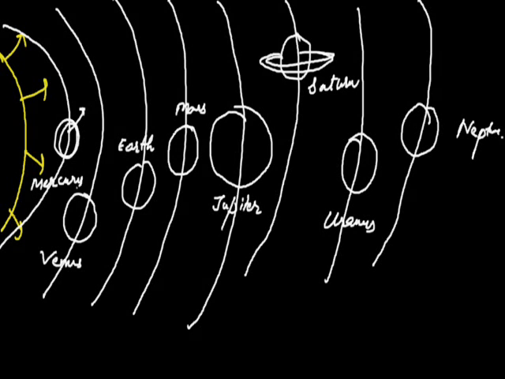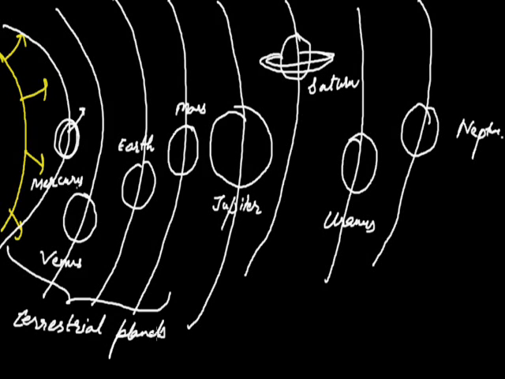These initial 4 planets are the solid rocky planets, and these are called the terrestrial planets. These are also called interior planets.